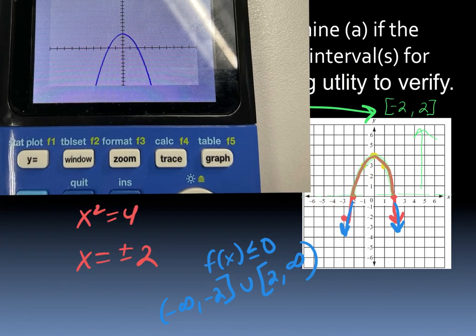And if you couldn't read it, like if you needed this coordinate point, then that would be my zeros. So I would second calc, zeros, and I would trace where those cross through.